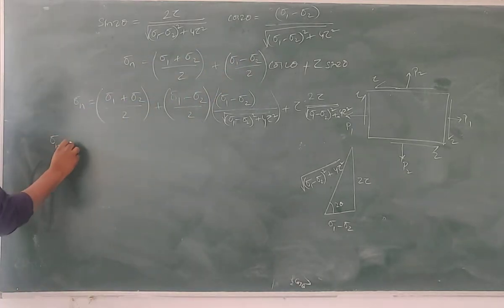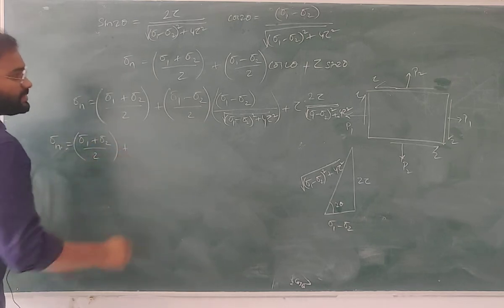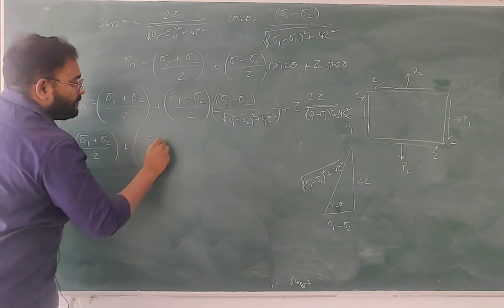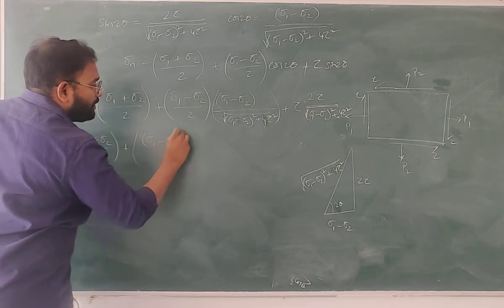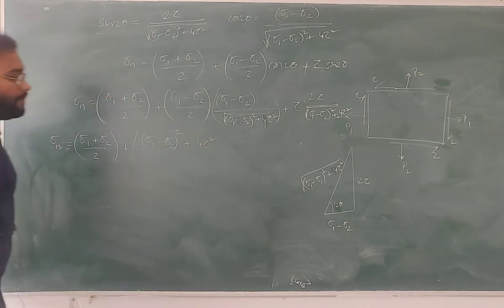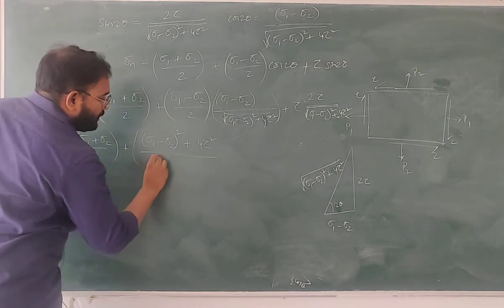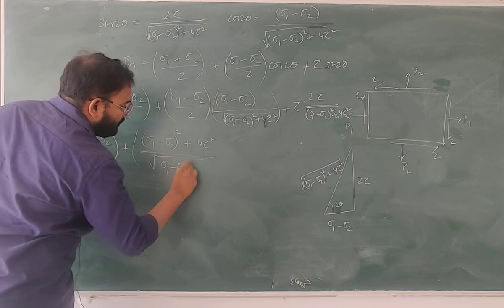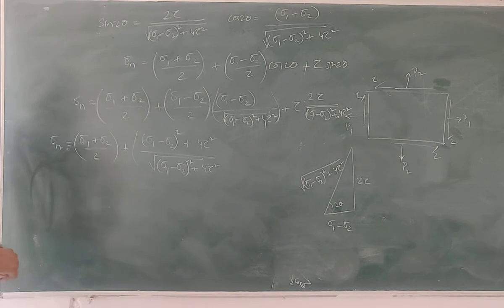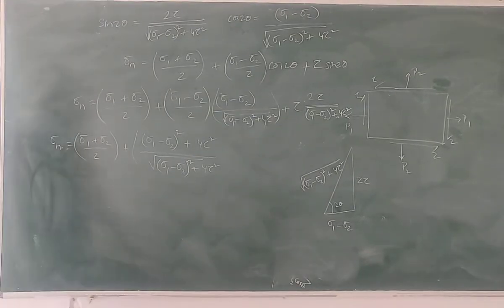So sigma n will be equal to sigma 1 plus sigma 2 by 2 plus, if I multiply this, it will be (sigma 1 minus sigma 2) square plus 4 tau square divided by under root of (sigma 1 minus sigma 2) whole square plus 4 tau square. I'm multiplying these two, taking LCM of this.